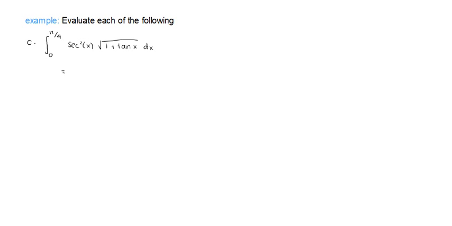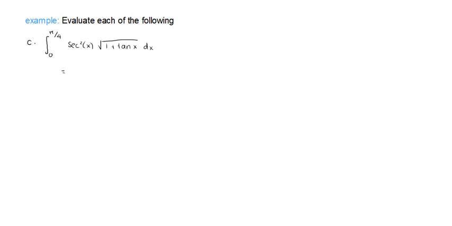All right, so here again, this is one of the problems in which you need to know what the derivatives of your trigonometric functions are, because if you do, you'll realize that the derivative of tangent of x is secant squared of x. And we've talked already about how it's usually a good idea to try to use a substitution in order to replace things that are inside a square root, because that way it makes the integral a lot easier to evaluate.